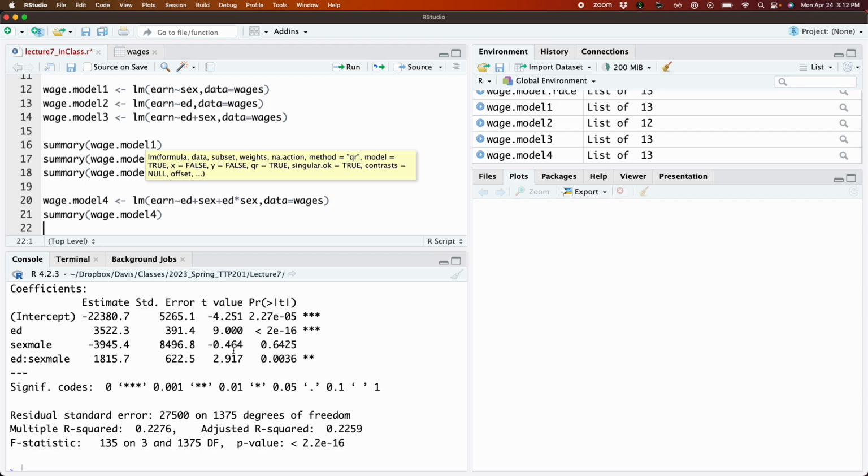Okay. Any questions about that? And this is a great way to use data to highlight discrepancies between populations.